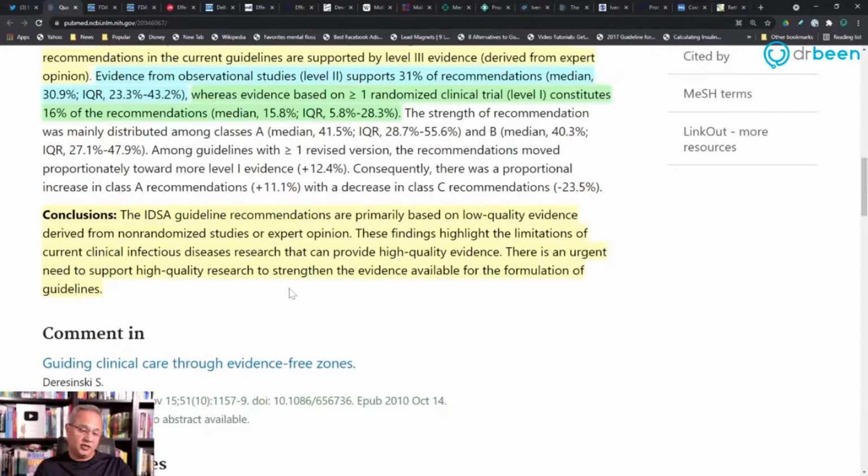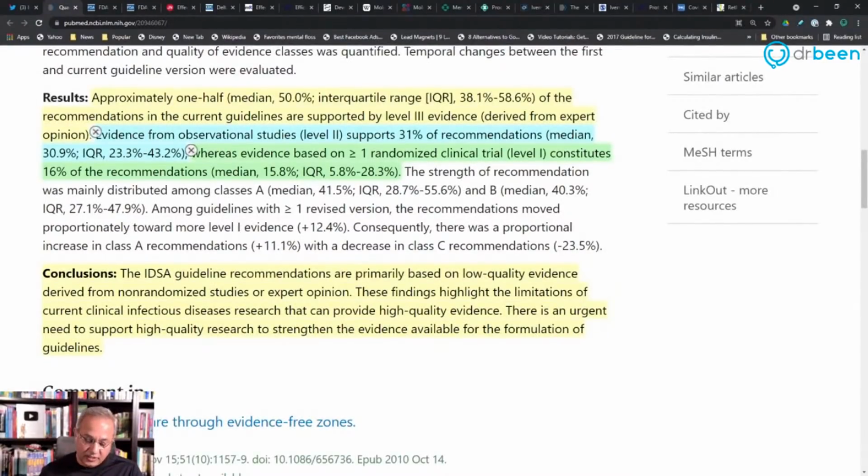Corey saying, hey, this works. Mubin saying, hey, that works. These findings highlight the limitations of current clinical infectious disease research that can provide high quality evidence. There is an urgent need to support high quality research. Now check this out. This is going to be very, very interesting.